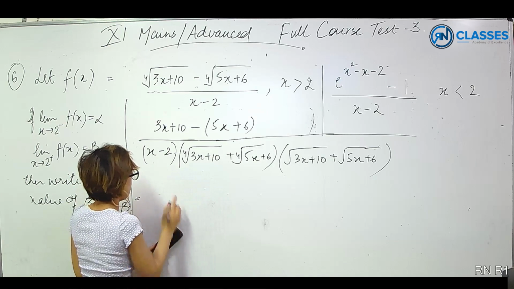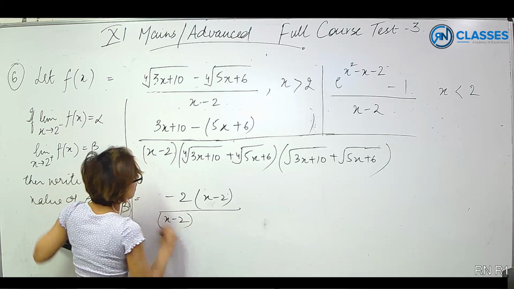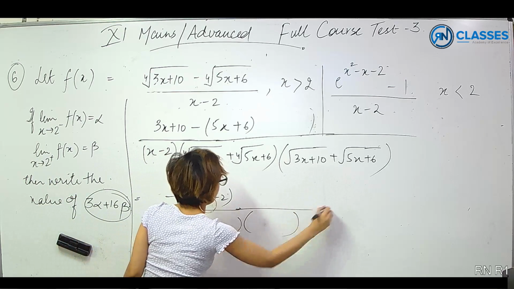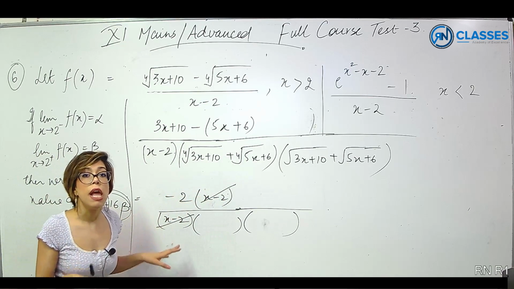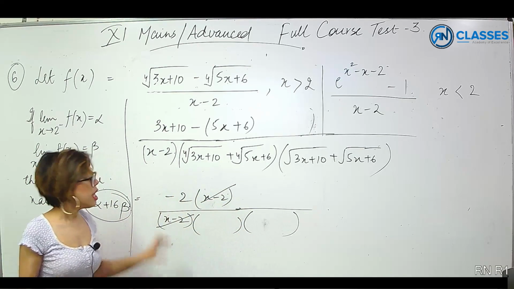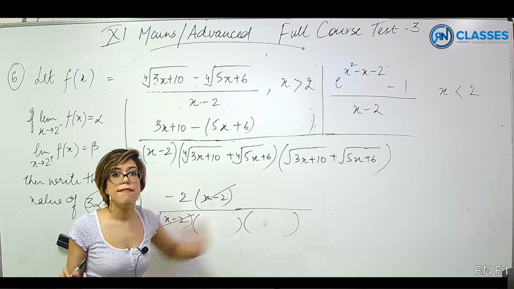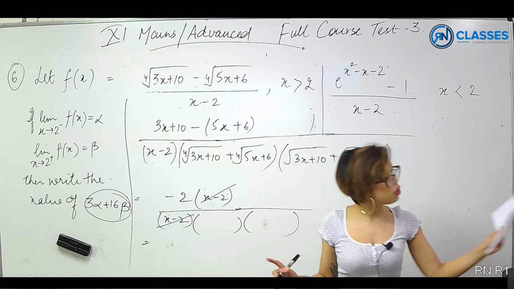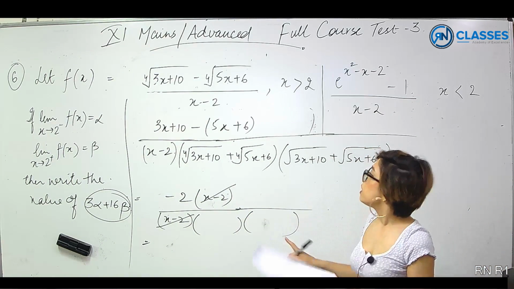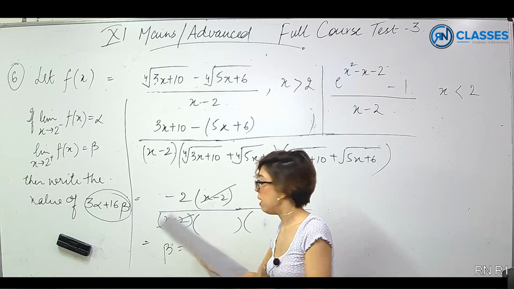So, I will get minus 2 into x minus 2 divided by x minus 2 and this quantity again. You have cancelled out that factor which was making it 0. Now limit can be evaluated. Limit of numerator obviously is minus 2 and limit of denominator you can easily find out. Okay. And alpha actually turns out to be, actually this is beta. Yeah, beta actually turns out to be minus 1 by 16.